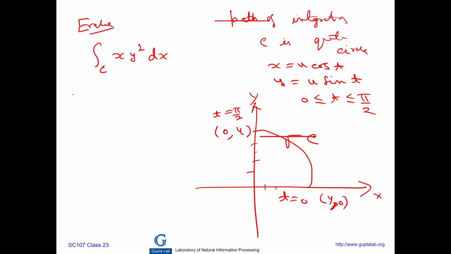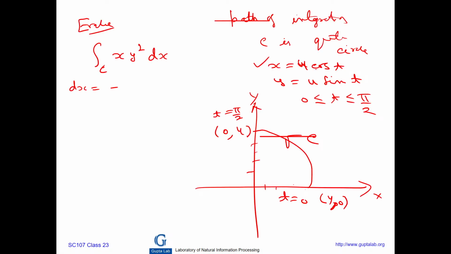This is nothing but, so I can compute. If x is this, what is dx? Actually, I'm sorry, this is 4, this is not u. dx is minus 4 times sin t dt.